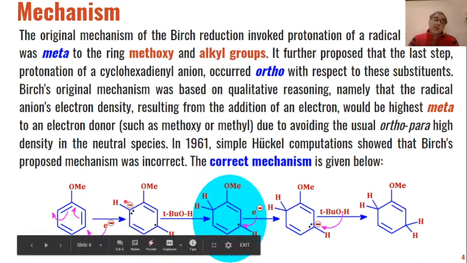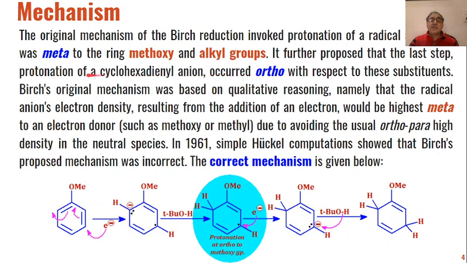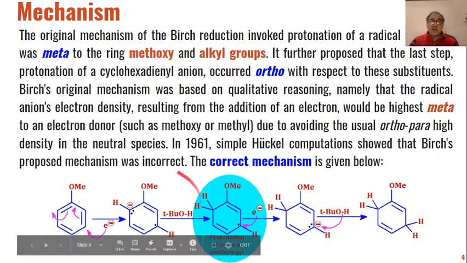Now if this radical anion is formed at the meta position, then the last step will take place with the protonation of a cyclohexadienyl anion, this one at the ortho position.